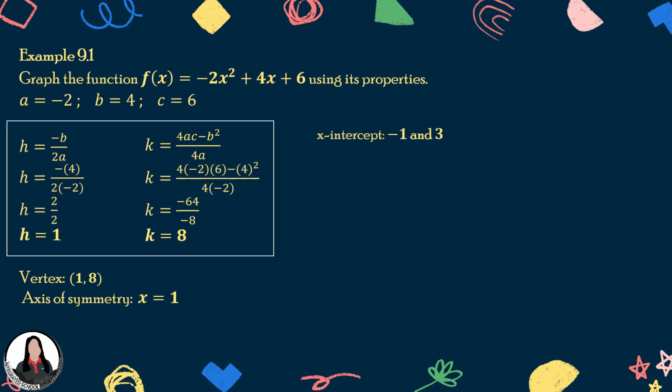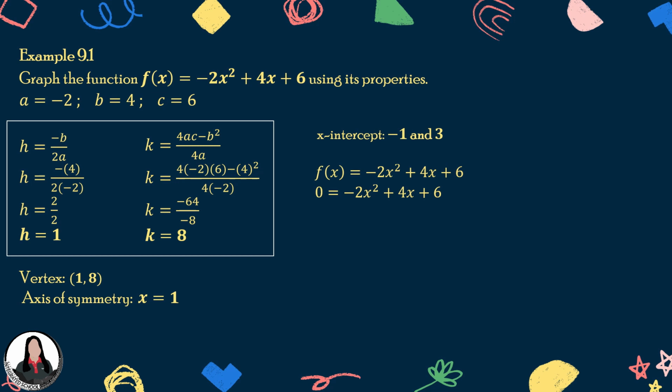Next, for us to get the x-intercept, so meron na dyang negative 1 and 3. Okay, so hindi po yan given, inilagay ko lamang dyan, yan yung final answer. Pero paano ba natin kinukuha si x-intercept? So for us to accurately get the x-intercept, we have to set the value of our f of x or yung y to 0. Okay, so copying the quadratic function and setting the value of f of x equals 0.